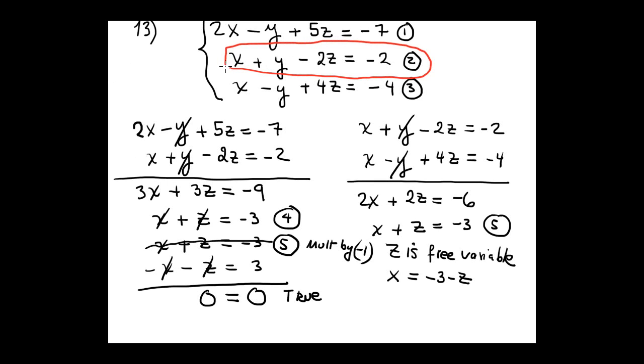In principle, we can use either equation. Instead of x, I replace negative 3 minus z, plus y minus 2z equals negative 2. We combine like terms, negative z and negative 2z, so we have negative 3 minus 3z plus y equals negative 2. Therefore, isolating y, y is equal to negative 2 plus 3 plus 3z, which is 3z plus 1.